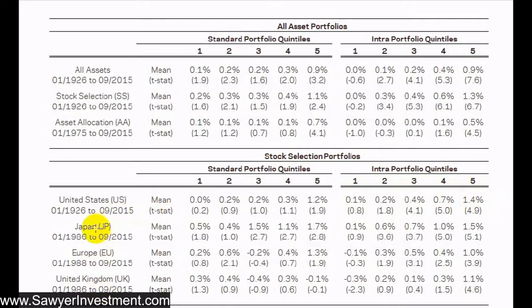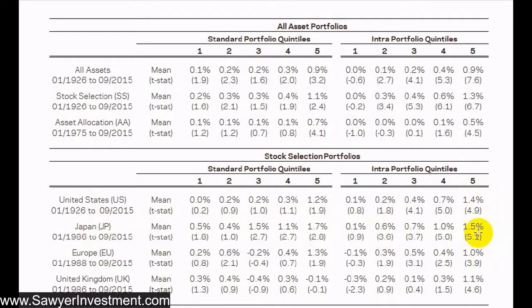So taking a look at other regions, we have Japan, Europe, and the United Kingdom. We see, at least with Japan and Europe, the theory is consistent with the US, where wider value spreads resulted in larger returns. However, these returns aren't necessarily monotonically increasing as they were with the US equities. And the same goes for the intra-portfolio quintiles, which is within the industries in this region.